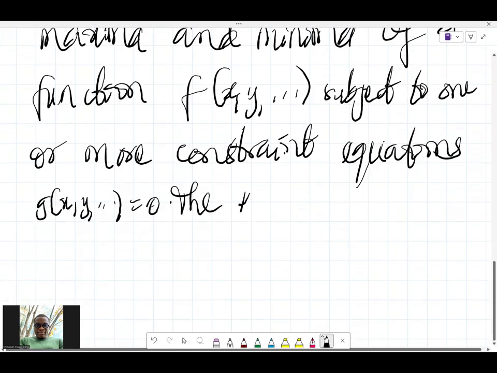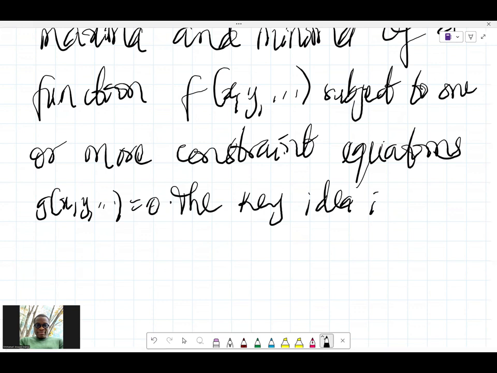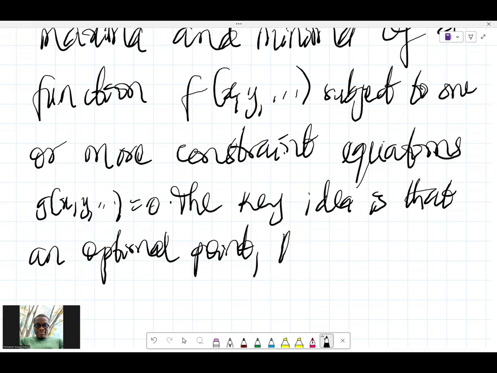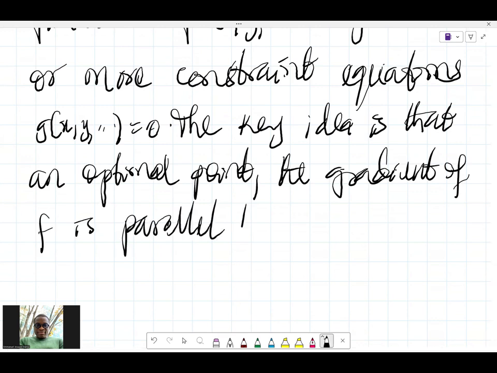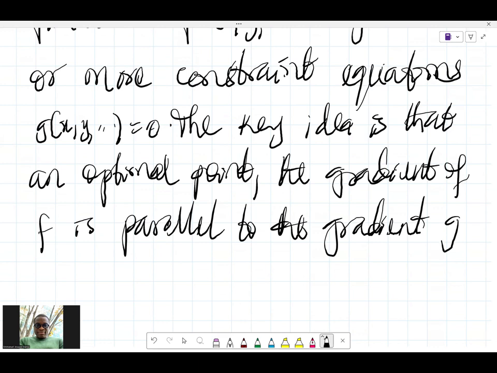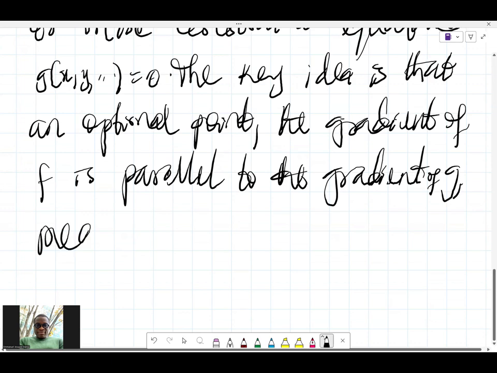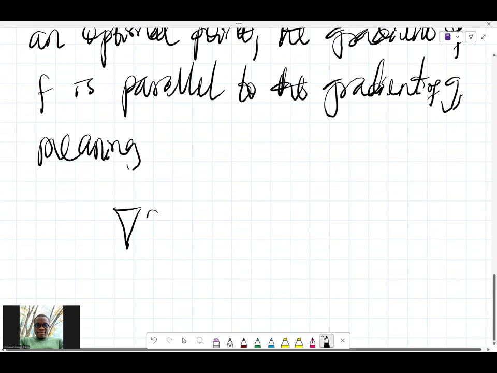The key idea is that at an optimal point, the gradient of f is parallel to the gradient of g, meaning that the gradient of the function f is equal to lambda times the gradient of the function g.